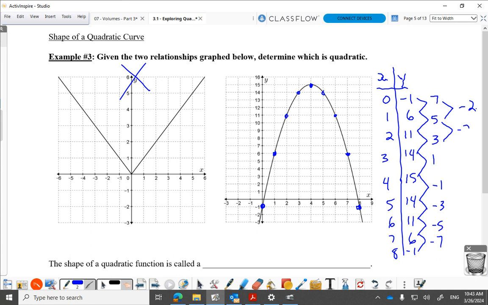You've got to take the bottom and subtract the one above it. 1 subtract 3, negative 2. Negative 1 subtract 1, negative 2. Negative 3 subtract negative 1, negative 2. Negative 2, negative 2. We suspected that that one must be the quadratic, and we used second differences to make sure.